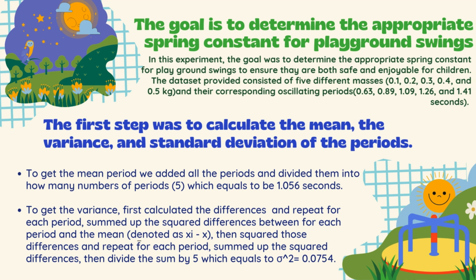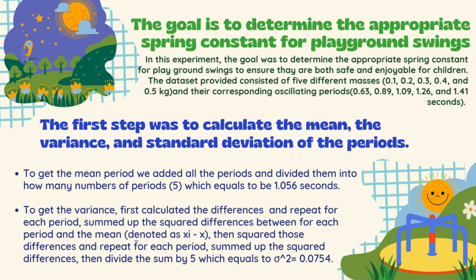As for the equations, I'll be explaining the steps as to how to calculate the mean, the variance, and the standard deviation of the periods. But firstly, what is our goal? Our goal is to determine the appropriate spring constant for playground swings, to ensure that they are both safe and enjoyable for children.